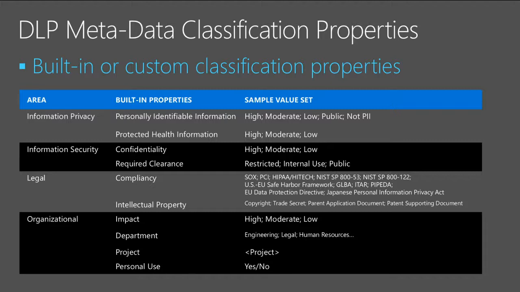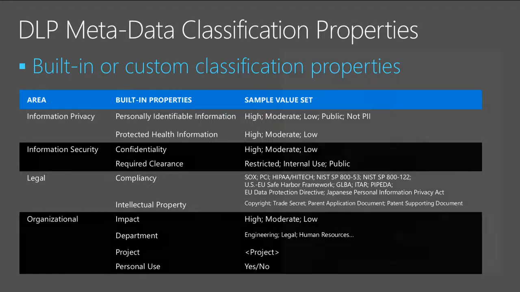But the important point is these are customizable, so you can use whatever properties you already use for classifying your content in terms of being able to then author policies within our system that take advantage of the pre-classifications. And again, it's a very powerful capability to extend what we consider sensitive, and how can you make the system take actions within our system on something that's been classified externally.